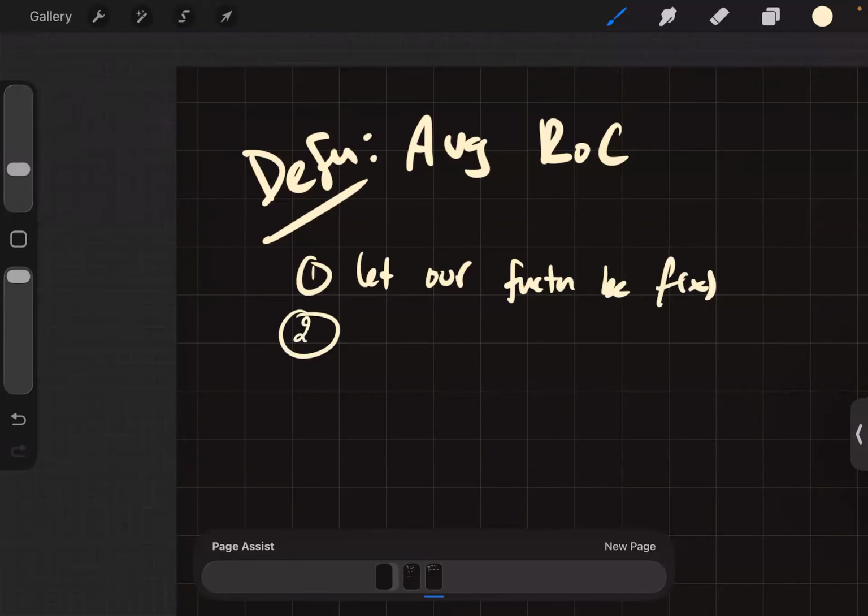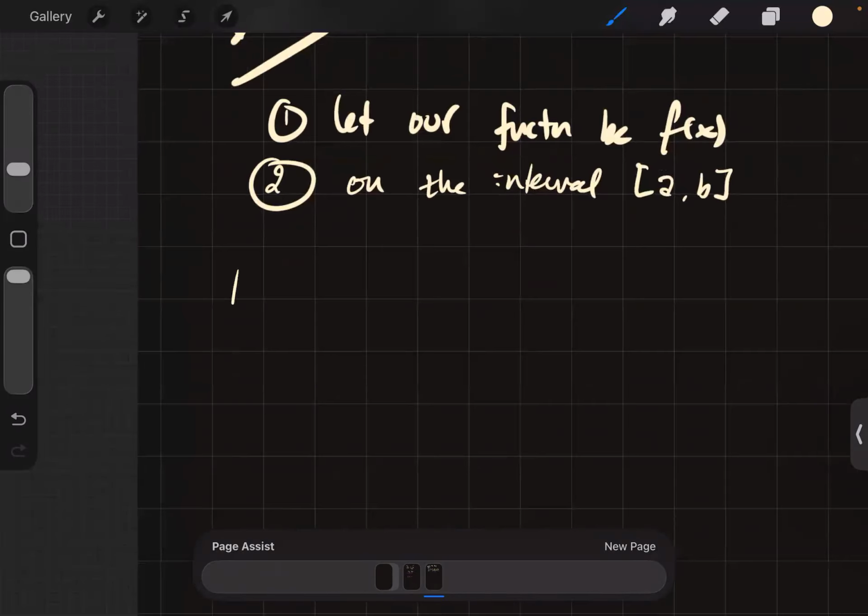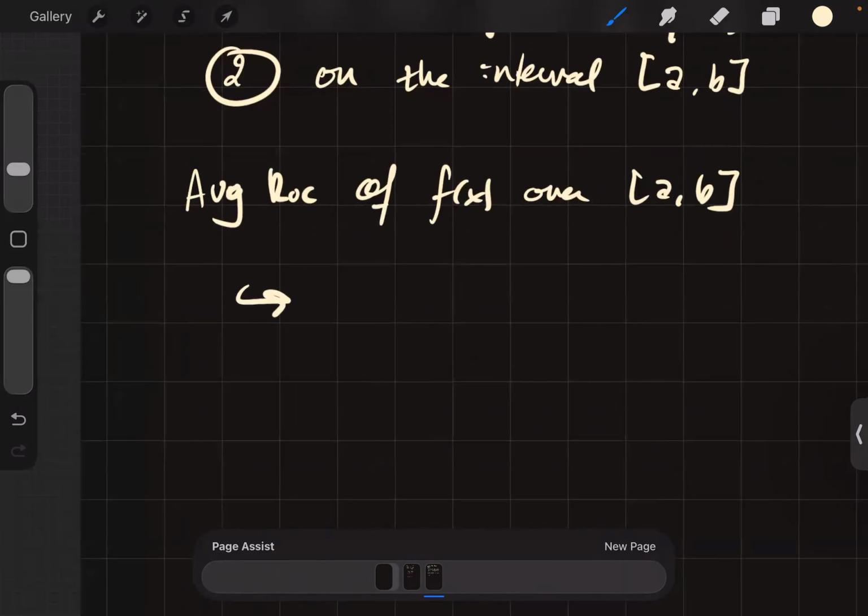Two, we're going to define it on or over the interval a comma b. Then the average rate of change of f of x over a comma b is going to be delta y over delta x.